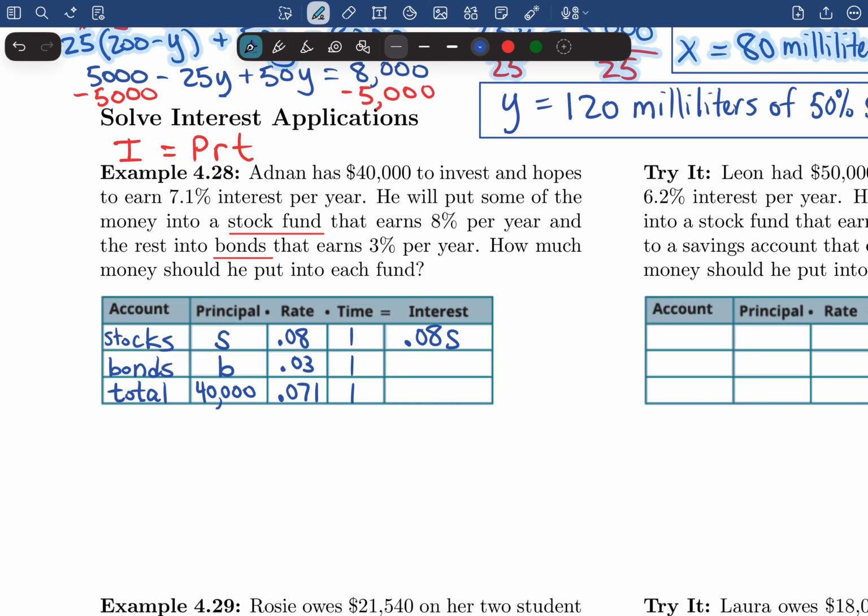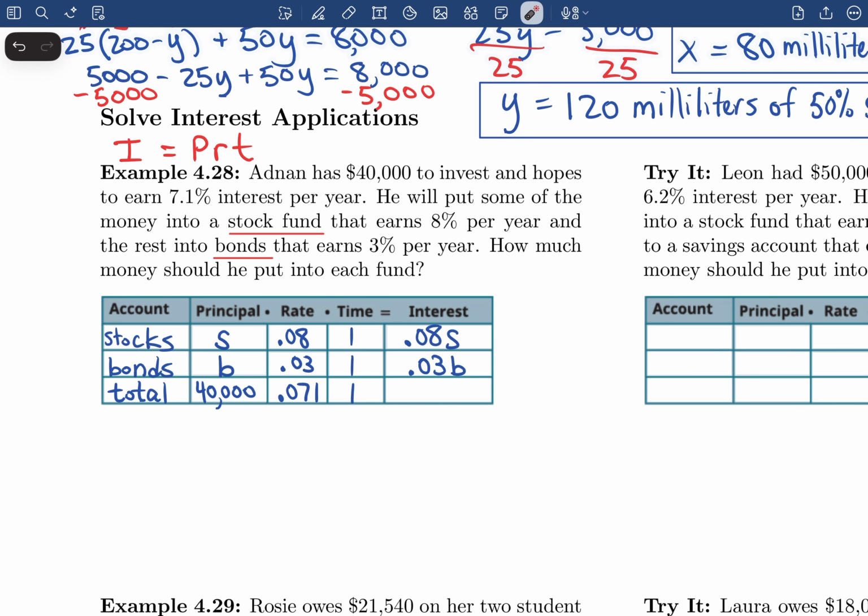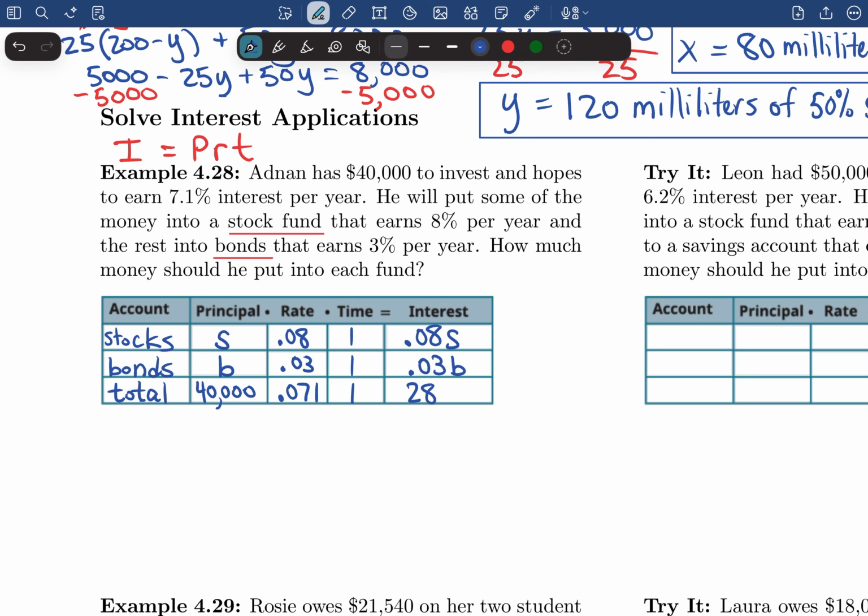And then the bonds would be 0.03 times B. And then I get to the total, and I can multiply 40,000 times 0.071, right? And that will give me 2,840. That goes right here, 2,840. Awesome. Okay, at this point, we have filled out all the information.